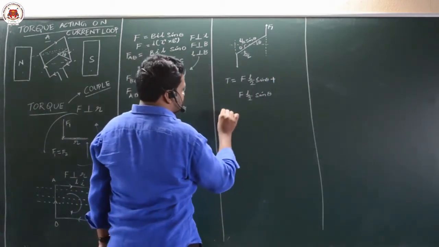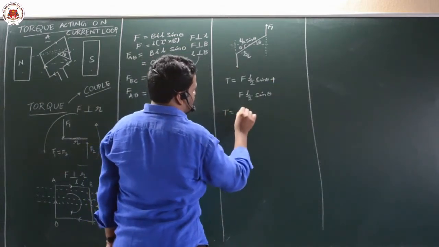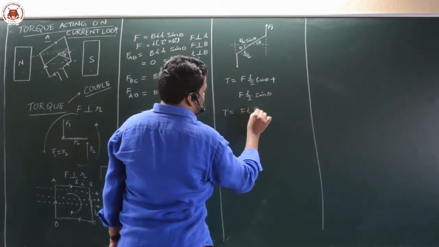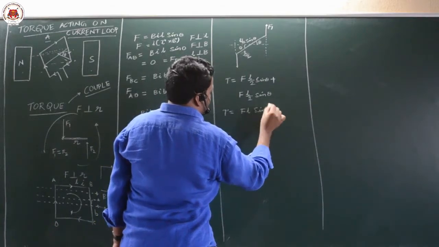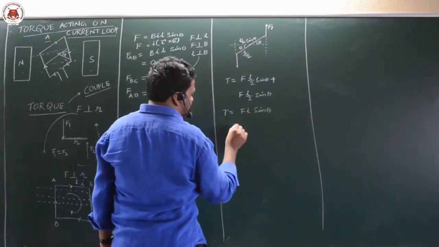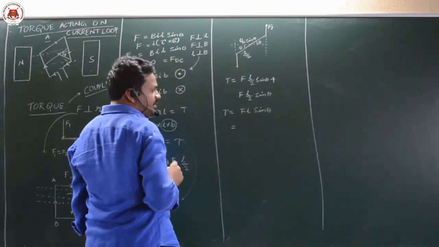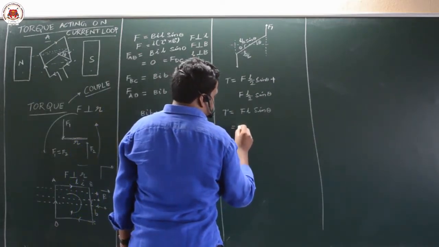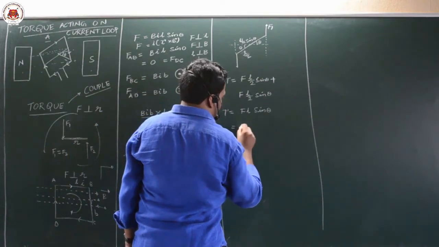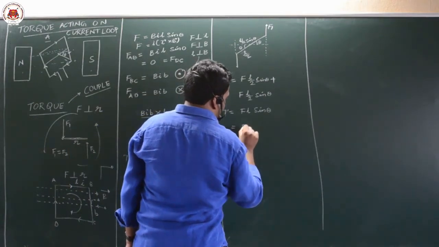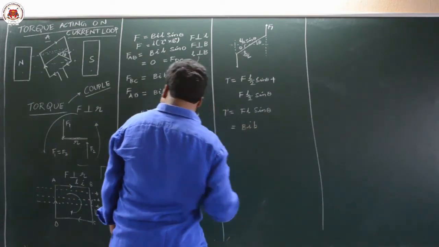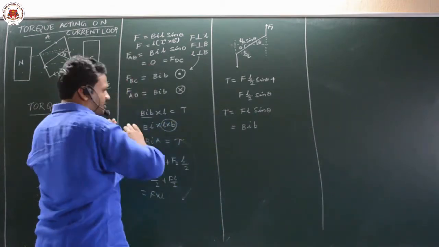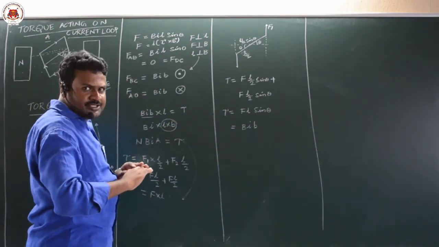So this you will get as torque is equal to F into L sin theta. Here F is BIB, the force. Same topic again, just recap that.